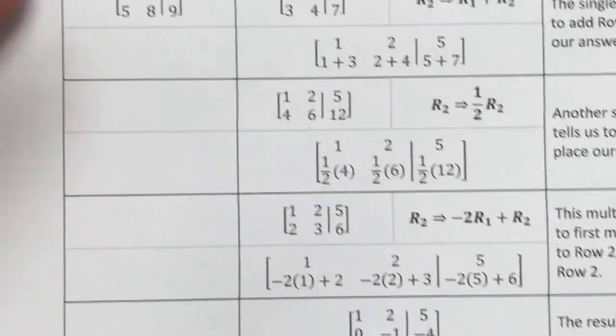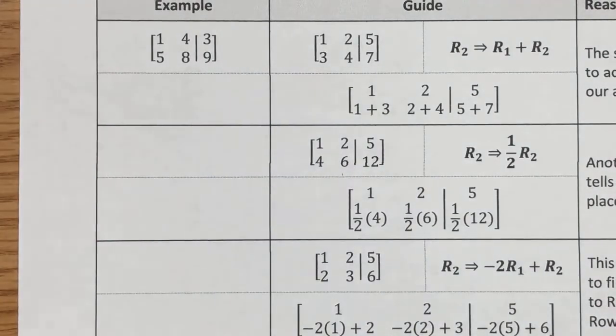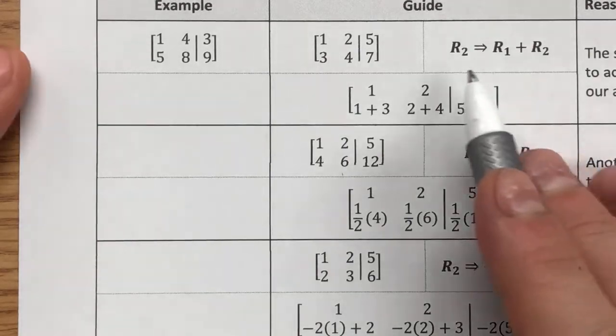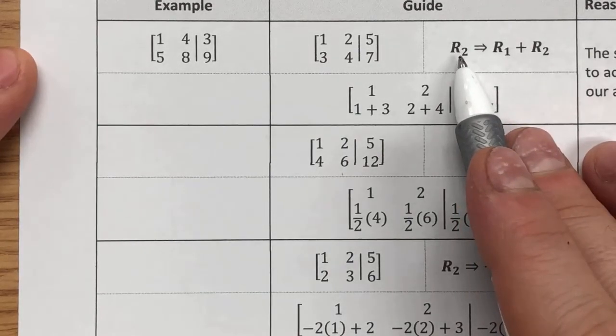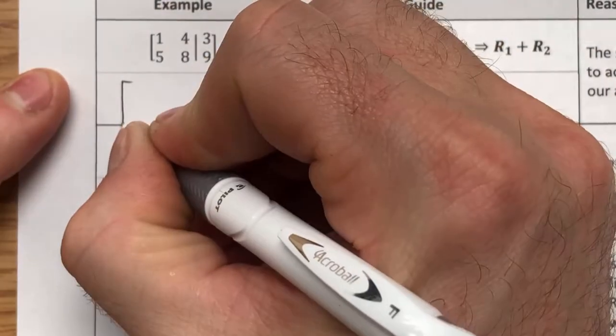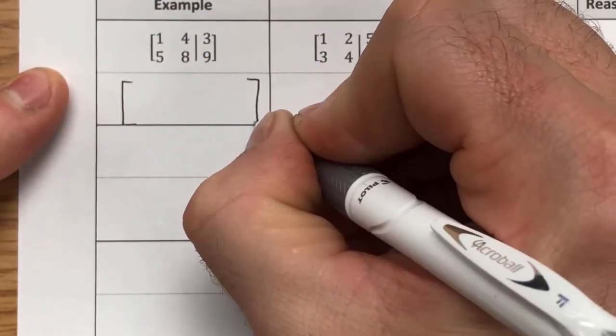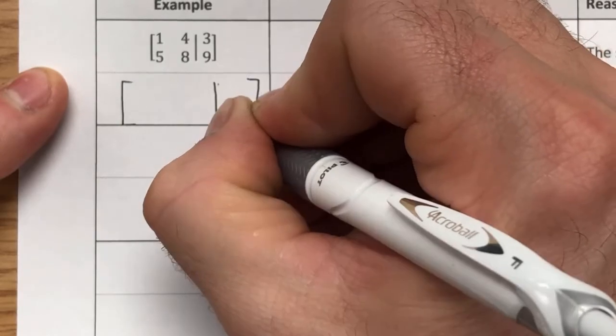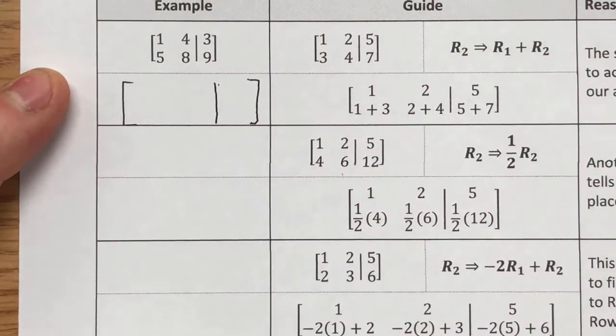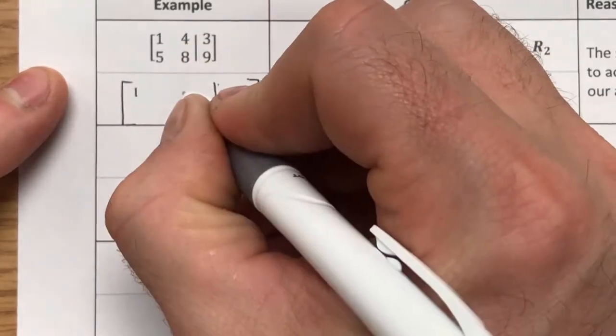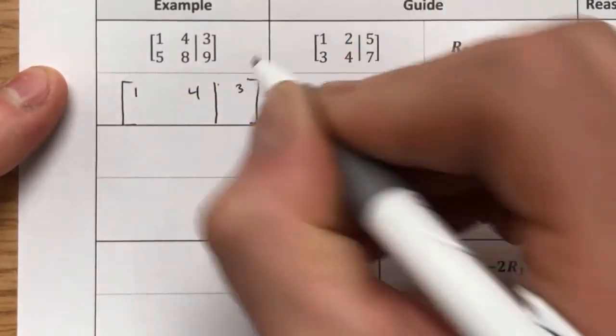Now, let's go ahead and try those same operations on this example. I'm going to be replacing row 2, which means I leave row 1 untouched. So I'm going to give myself a nice bit of room here. Throw my augmented line in there. And I'm going to say row 1 is untouched. So 1, 4, 3.